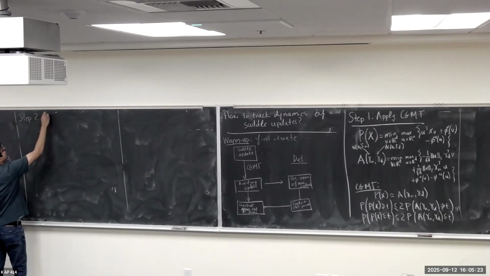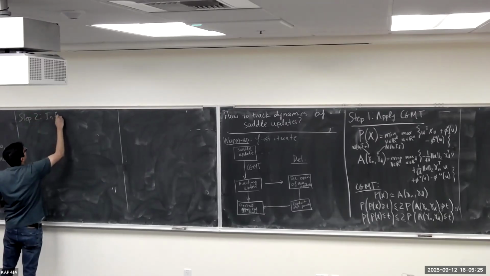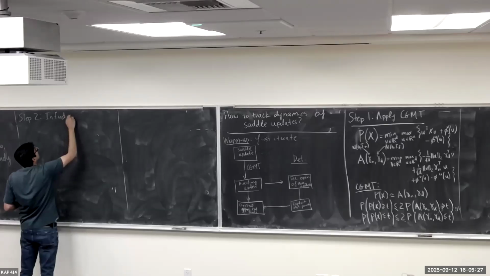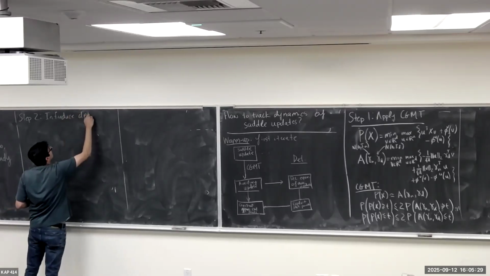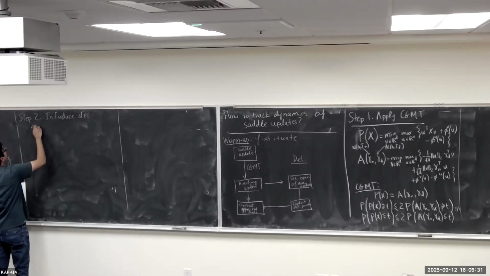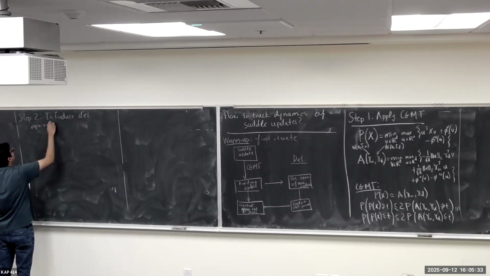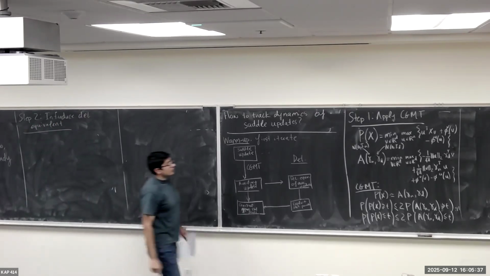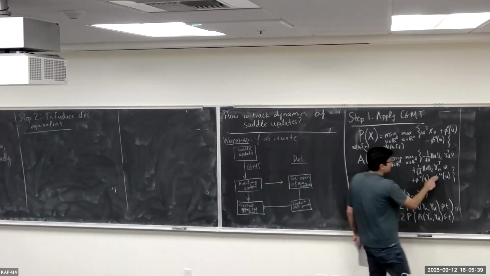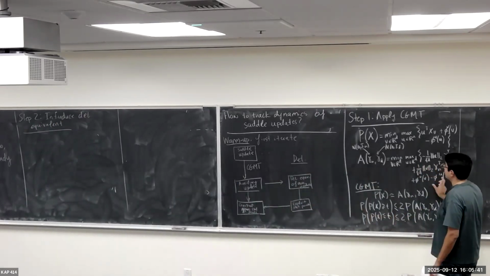Step 2 is to introduce a deterministic equivalent. So what is this deterministic equivalent going to look like? I want to make a loss function that looks almost exactly like this.